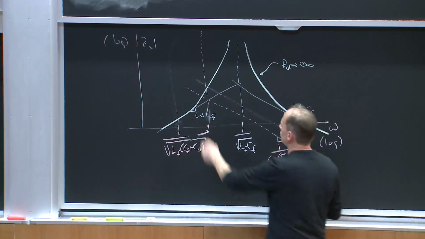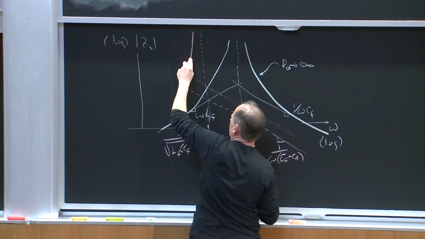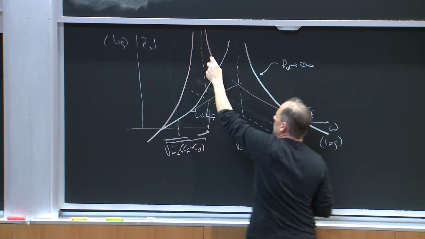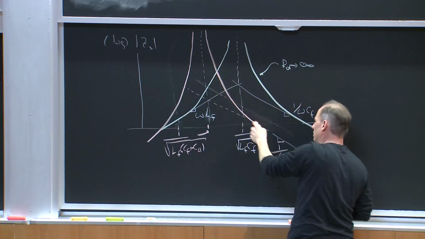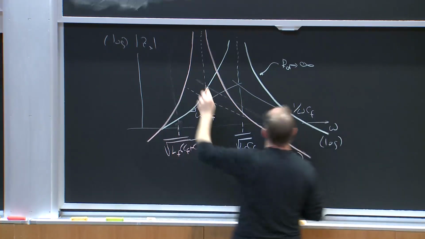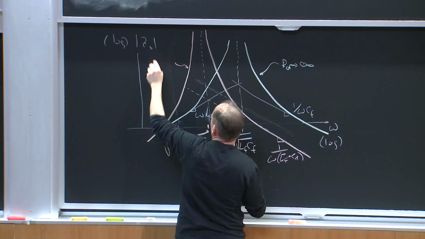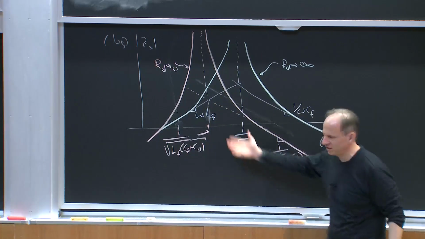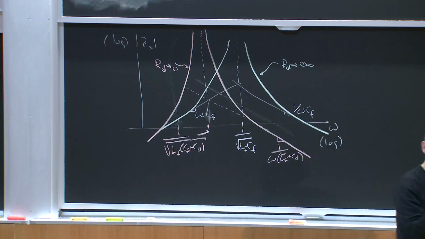And I would peak up and get something that went off to infinity like this. So this is the case where RD goes to 0 for some value of CD that I've picked. Does that make sense to everybody?